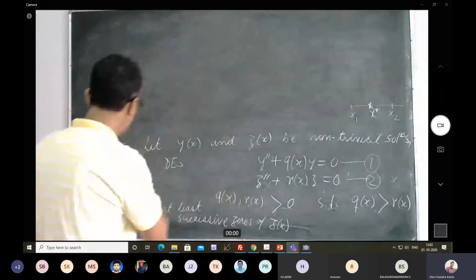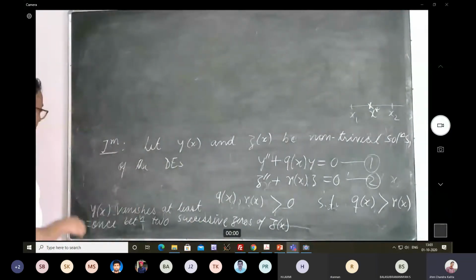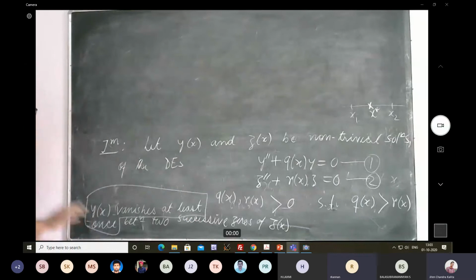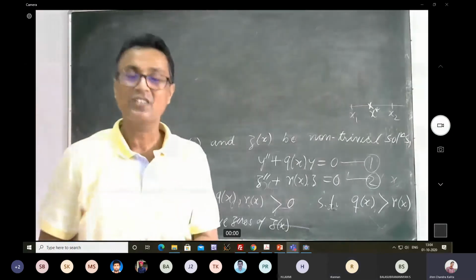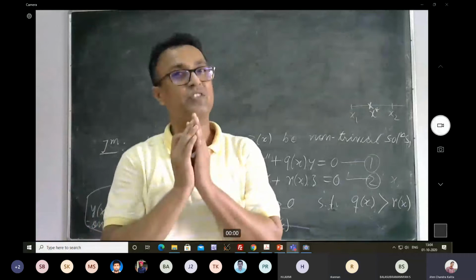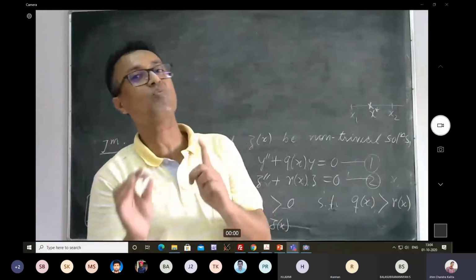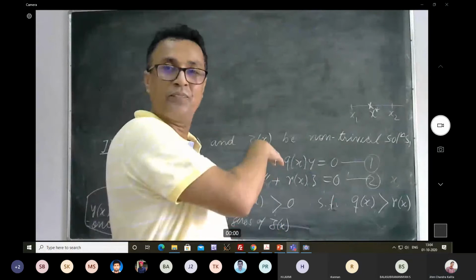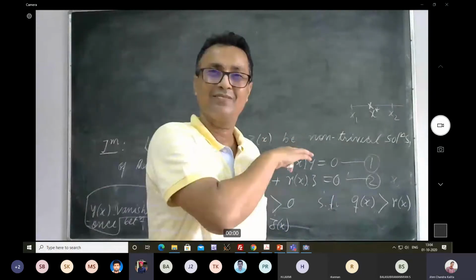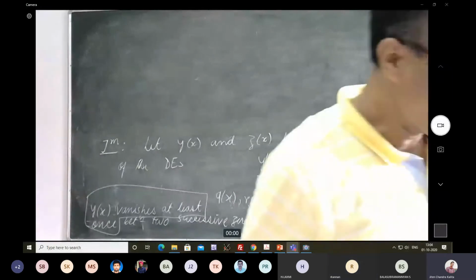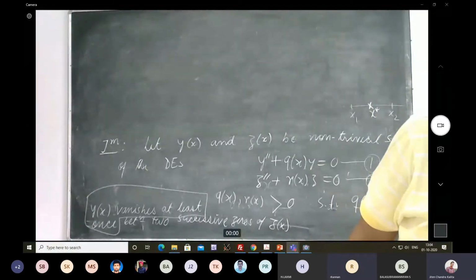But now this theorem is telling you that y(x) vanishes at least once, so that leaves you with the possibility that it may have more than one zero. Is it okay? The difference between what we learned earlier for the linearly independent solutions and this one. Right? Okay, fine.